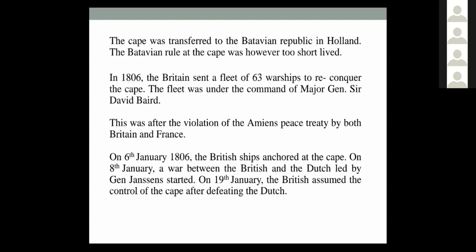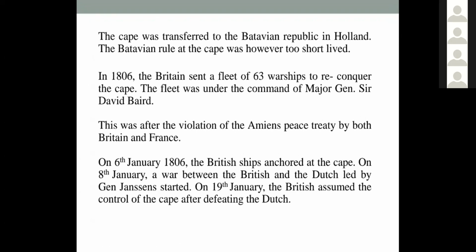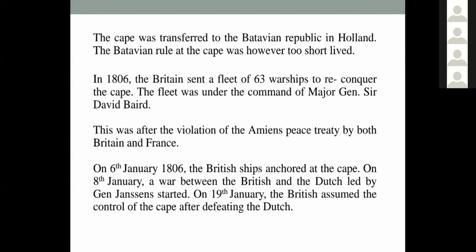The Cape was transferred to the Batavian Republic in Holland. The Batavian rule at the Cape was, however, too short-lived. So the Cape was transferred to the Batavian rulers in Holland.